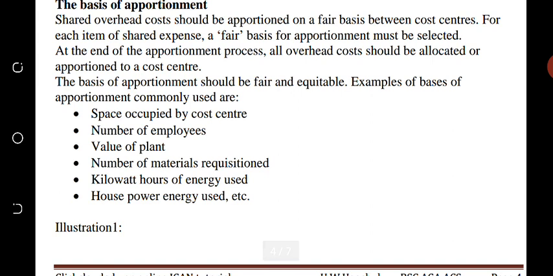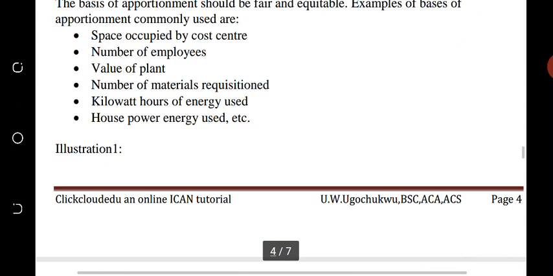Examples of basis of apportionment commonly used are the space occupied by a cost center, that is the square meter. Number of employees can also be used. Value of plants can also be used. Number of materials requisitions, kilowatt hours of energy used.